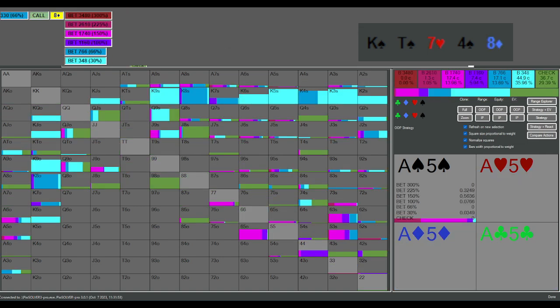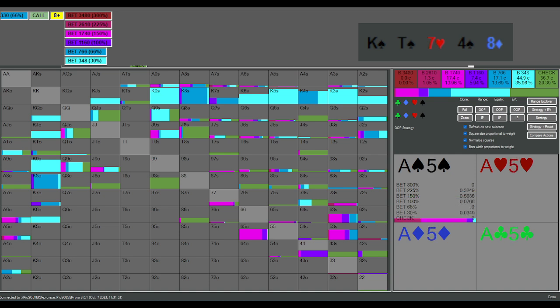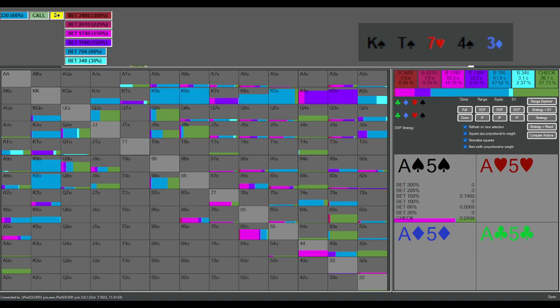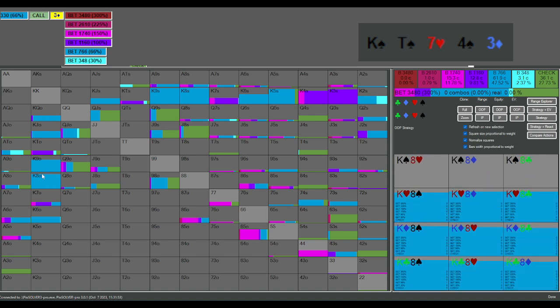Even on a really wet river like this, we can still get another small bet in with a weak king. But just the general principle of being able to get two chunky bets in with a weak king, because your opponent's not checking back relatively strong hands enough, it's important to realize that.